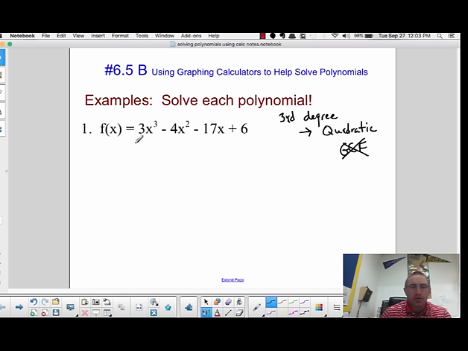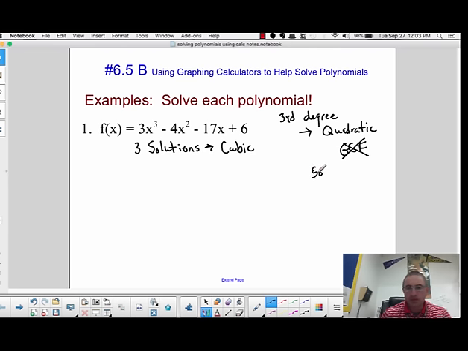We know that this has three solutions, because it's a cubic. If we can get our calculator to give us one solution, then that's great, because then we can use synthetic division to divide it down into a quadratic. That's going to be our process.